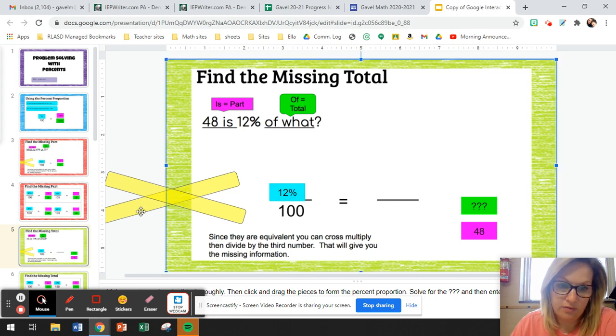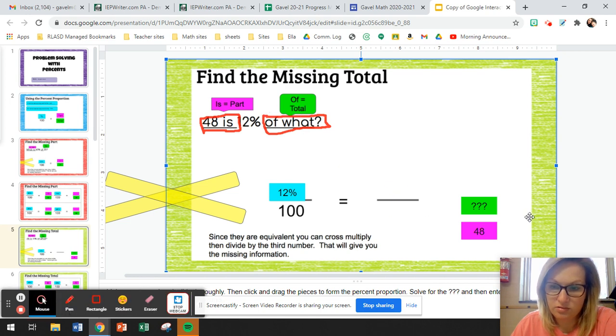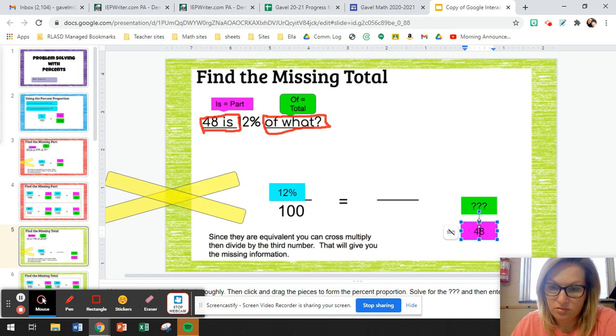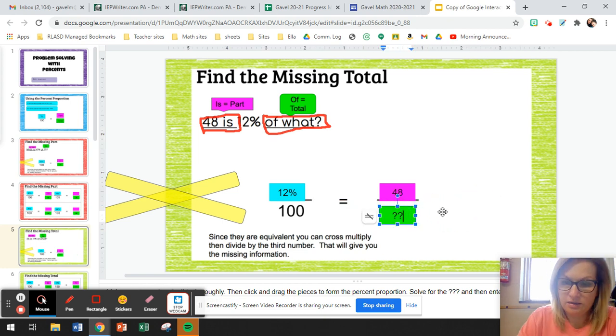And then we have 48 is, so the is over of what? That's going to be our x. So it's going to be 48 over what we're trying to figure out. Anyways, click on that, get rid of this.